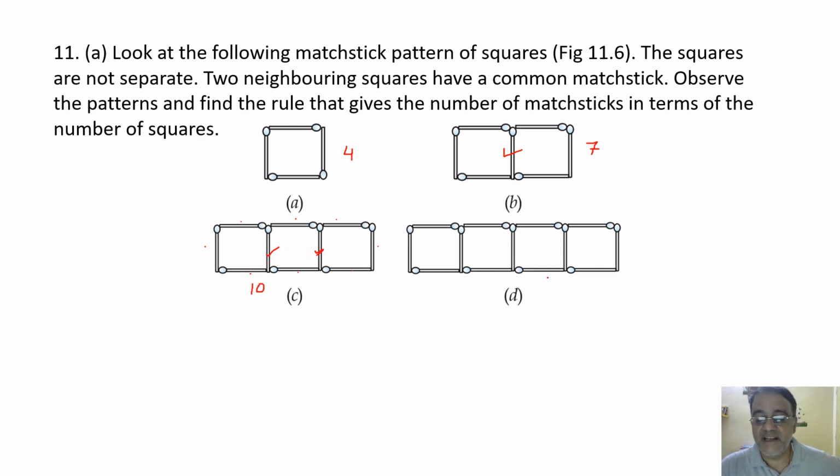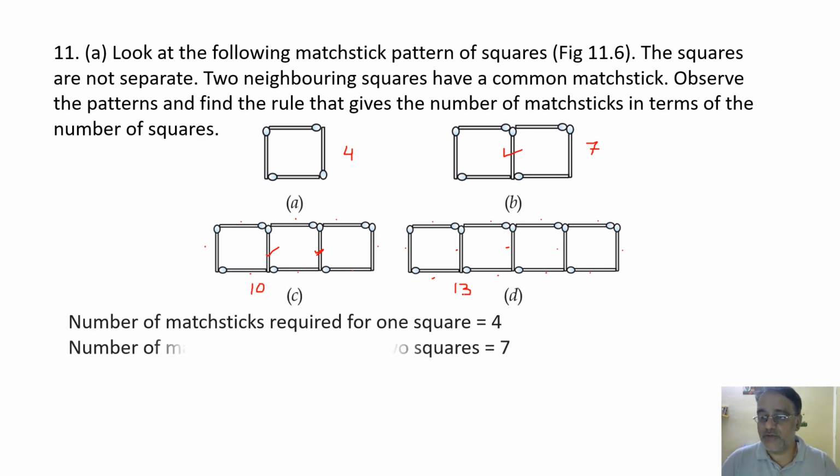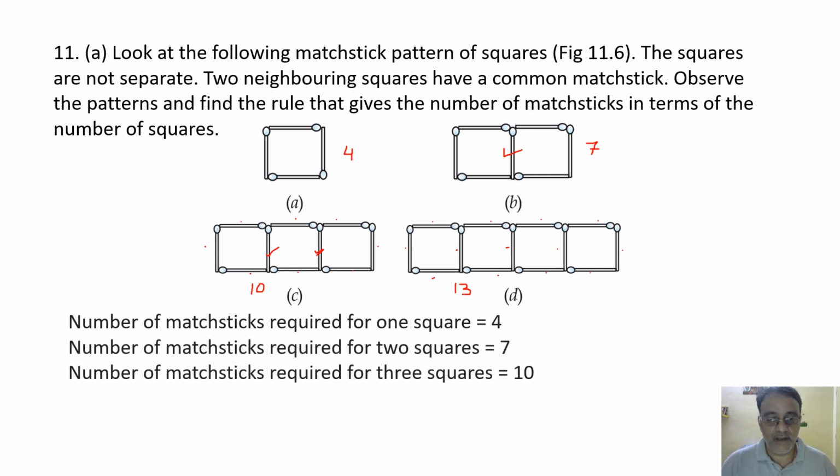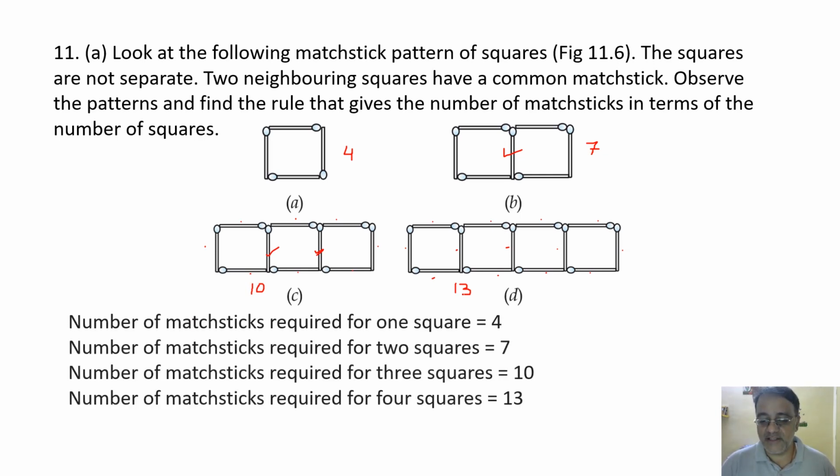And the last one, एक काम करते हैं, फर्स्ट हम लोग वर्टिकल काउंट कर लेते हैं. 1 2 3 4 5 6 7 8 9 10 11 12 13. ठीक है, 13. So the number of matchsticks in 1 square is 4, 2 squares is 7, 3 squares is 10 and 4 squares is 13.